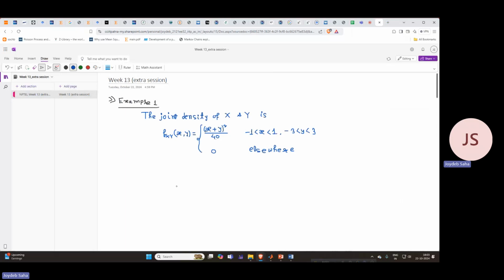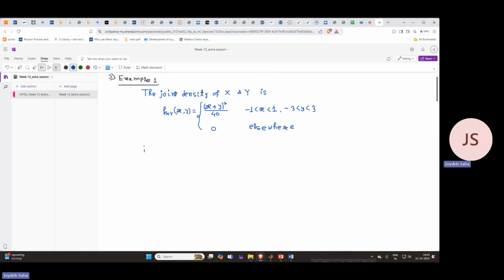Okay, now question is, find the variances of x and y. Of x and y.